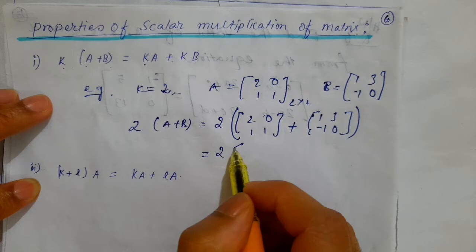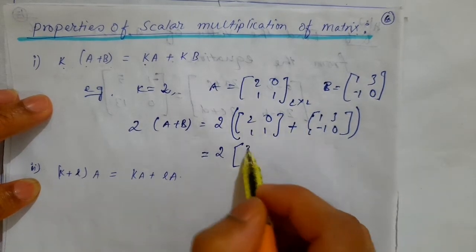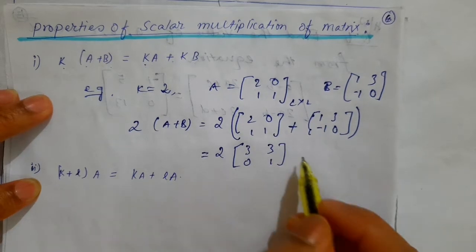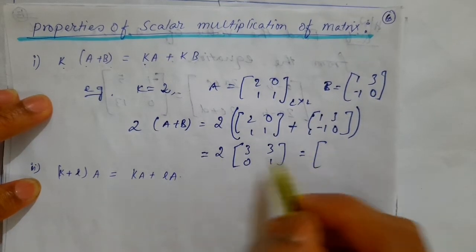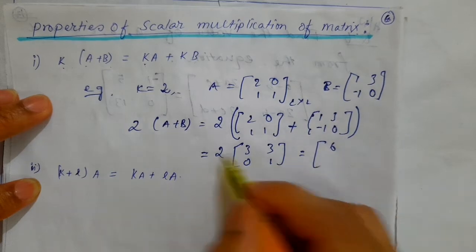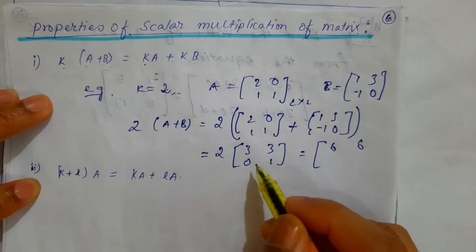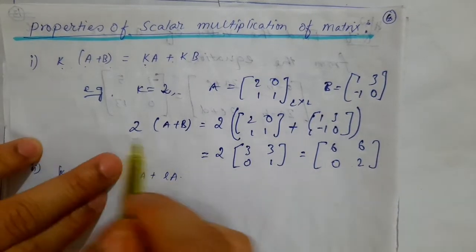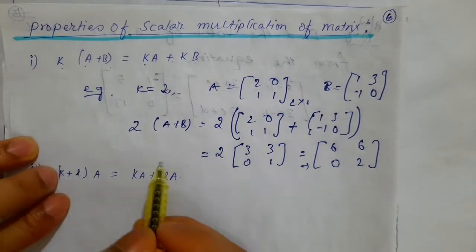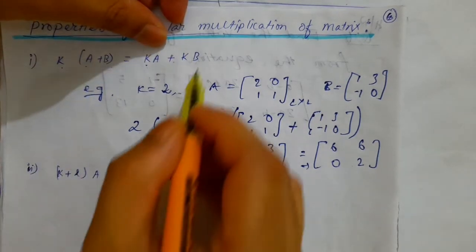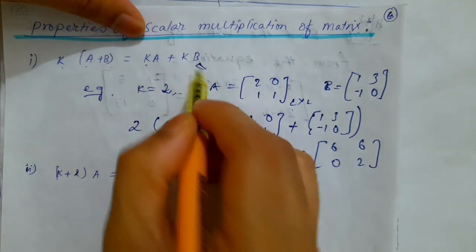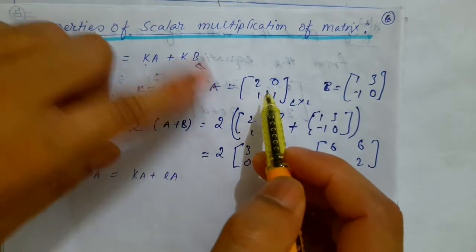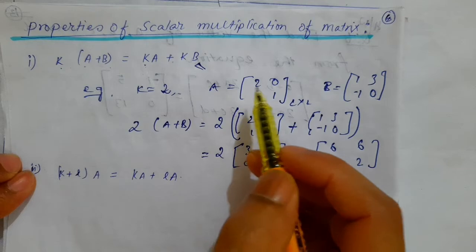After adding, we get [3 3; 0 1]. Multiplying by 2, it becomes [6 6; 0 2]. This is the result. You can similarly check by putting k equal to 2 and the matrices A and B separately.